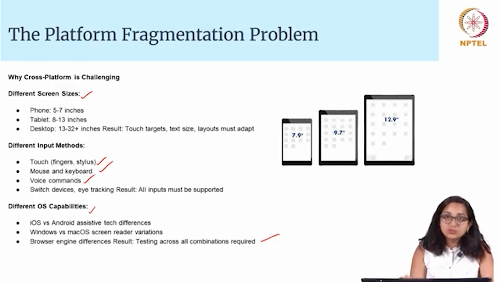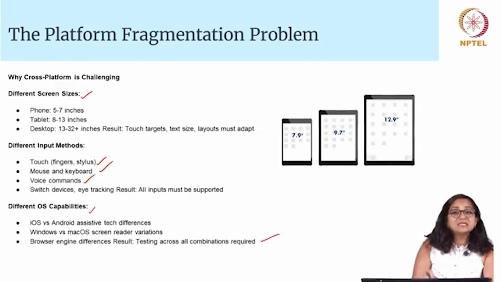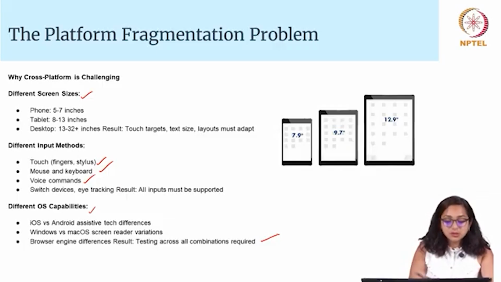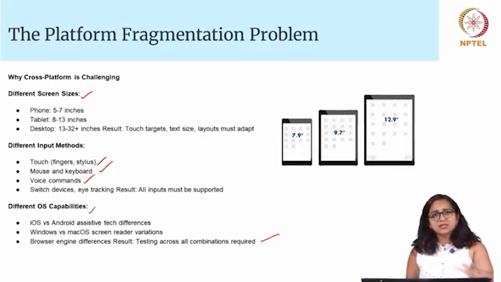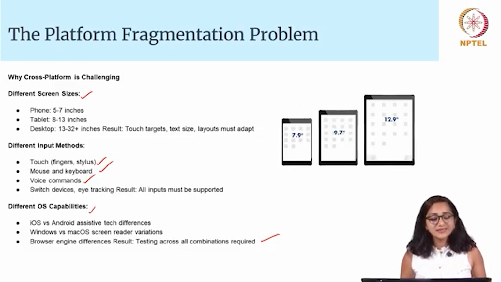Please go back to those lectures if you want to know more about testing across multiple combinations of these platforms. And you will find a lot of content about this particular point there. So these are the particular challenges which pertain to cross-platform accessibility.